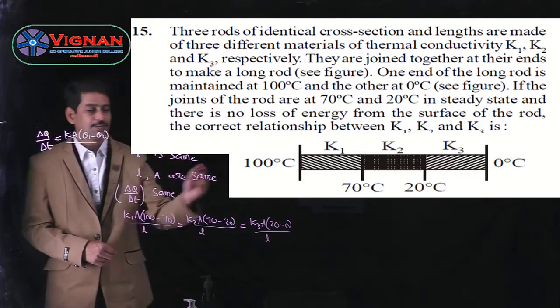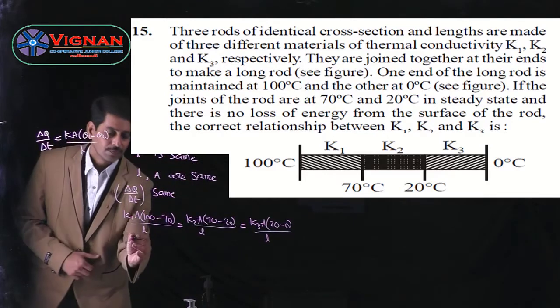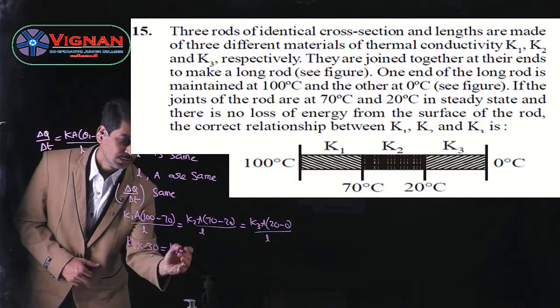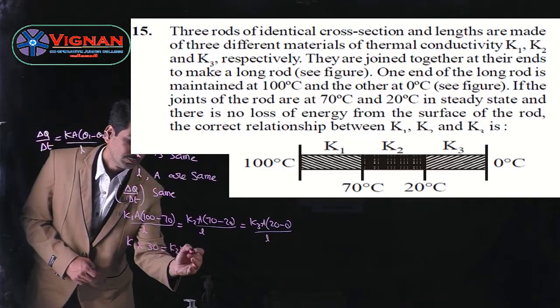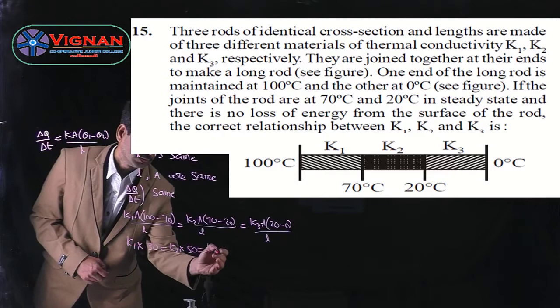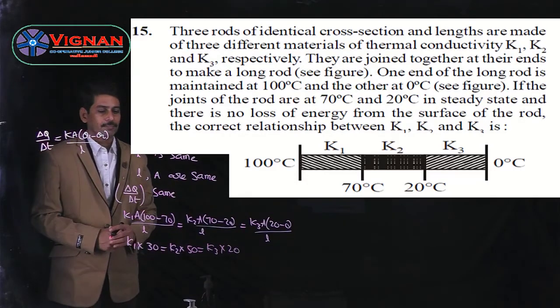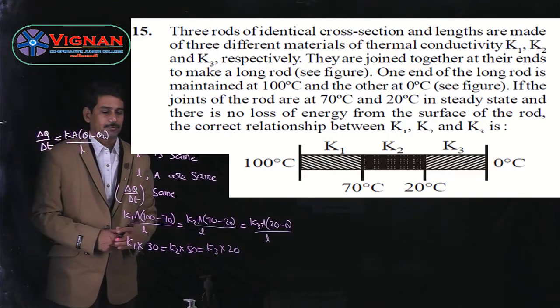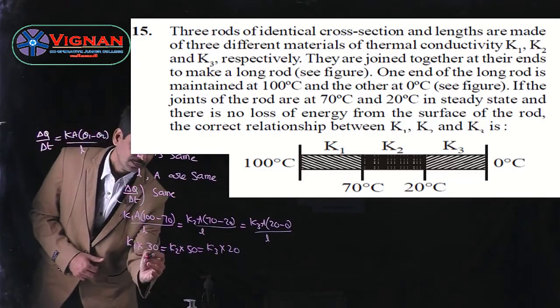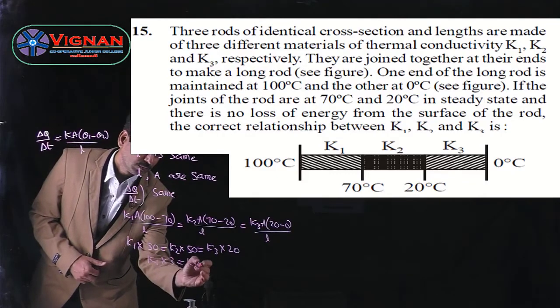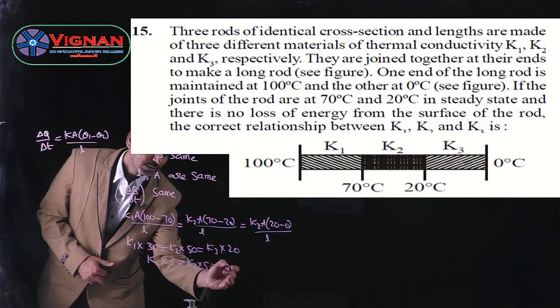So in all this A by L gets cancelled. So K1 × 30 = K2 × 50 = K3 × 20. Then all the zeros get cancelled. So K1 × 3 = K2 × 5 = K3 × 2.